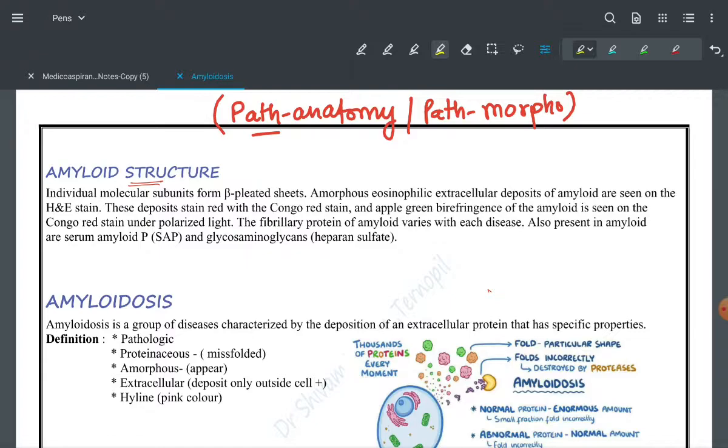This deposit is stained red with the Congo red stain, and apple green birefringence of the amyloid is seen on the Congo red stain under polarized light. The fibrillary protein of the amyloid varies, and also present in the amyloid are serum amyloid P (SAP) and the glycosaminoglycan heparan sulfate. This is all given in Kaplan.